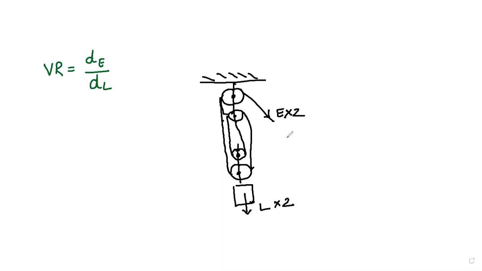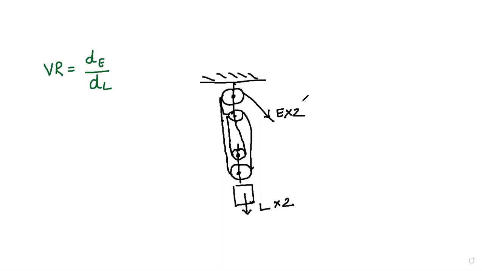That part of it has to be intuitively seen, that you have to understand intuitively that when the load doubles, the effort will also have to double. Otherwise, if the effort doesn't double, then the entire load block is going to just fall down.